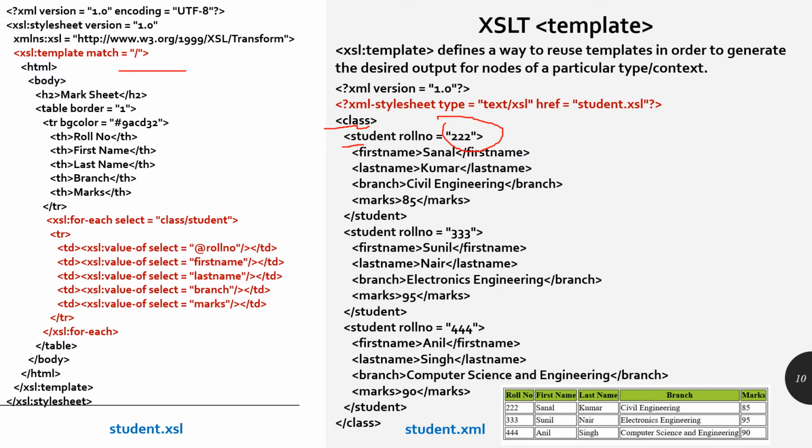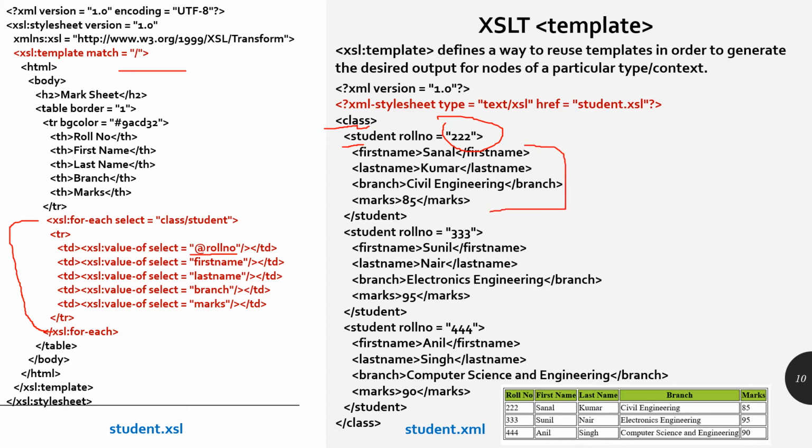So one by one the records will be displayed. For that, first this will be accessed, using this particular for-each loop. First the register number is accessed. Based on this, the remaining things will be displayed.